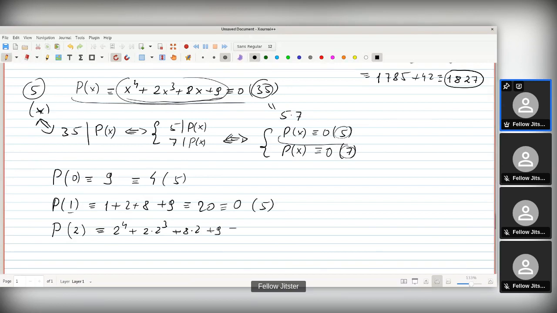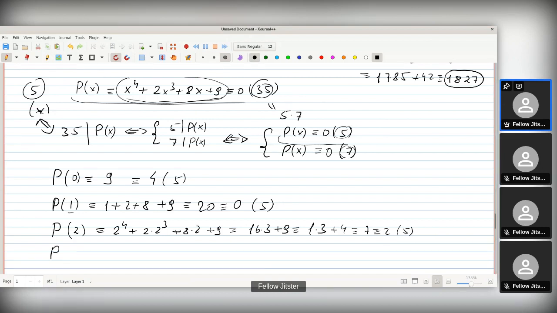What is it? 16 multiplied by 3. But what is 16 modulo 5? It is 1. And 9 is 4. So that's it. It is 7, or 2. It is not 0. So 2 is not a solution.